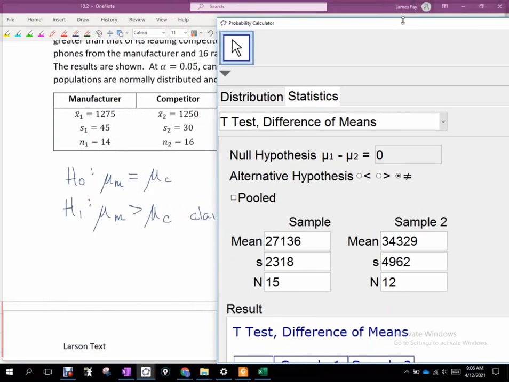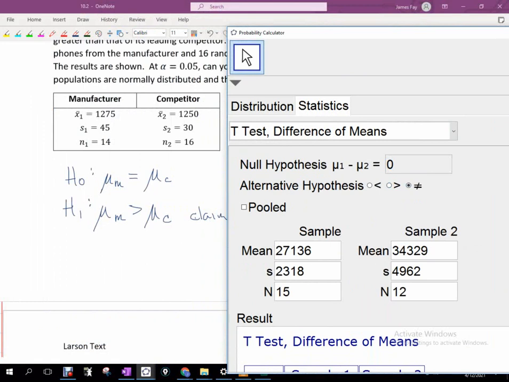Null hypothesis is static. It's always going to be 0. You could change it, but there's no need to. It's always going to be 0 for us. It's going to be 1275, 45, 14, 1250, 30, 16. Check the box for pooled.